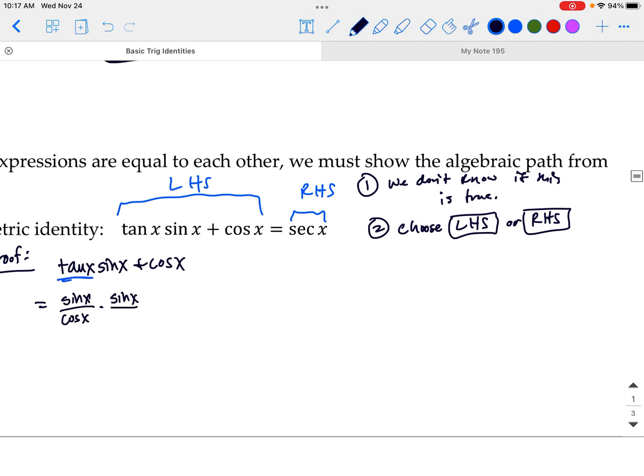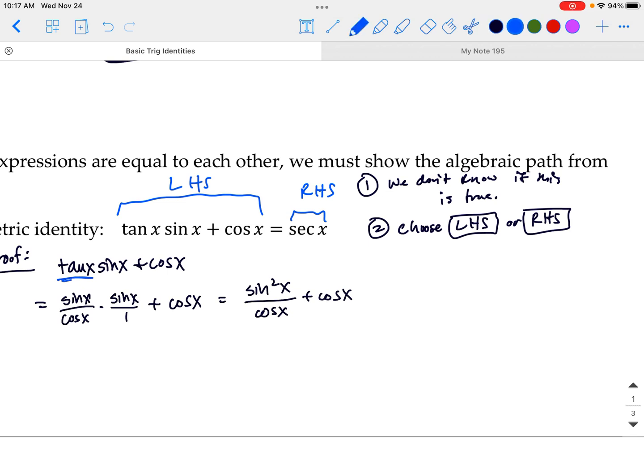So this is really sine x over cosine x times, and then I'm just going to rewrite sine x as maybe sine x over 1. And then we still have plus cosine x. All right, so now we can maybe combine the sines. So we've got sine squared x over cosine x plus cosine x. Now I want it to be secant, which is a single expression.